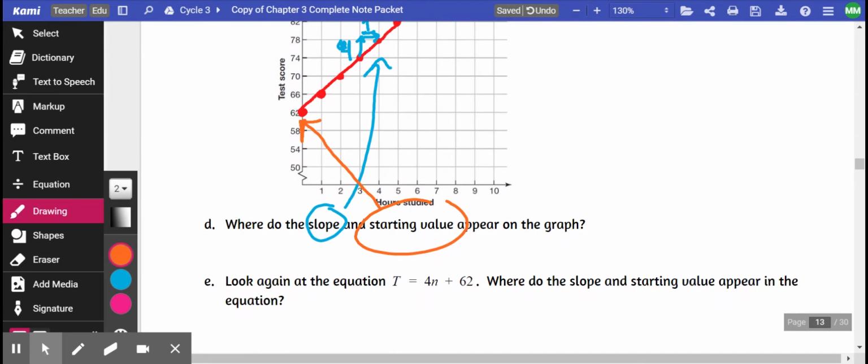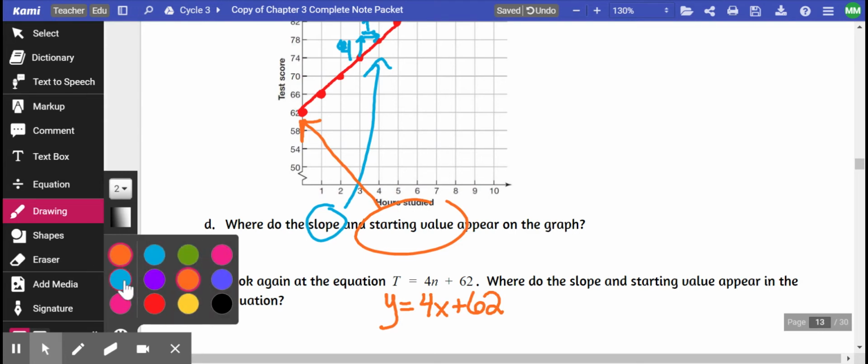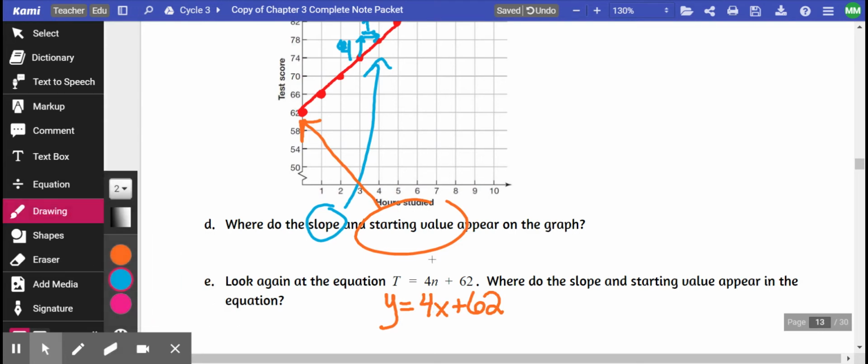For part E, it says, look again at the equation. T equals 4n plus 62. And remember that we can also think of this equation as y equals 4x plus 62. Either way, it wants us to figure out where the slope is and where our starting point would be. So our slope would be, we can see that it's up 4 over 1. So this would be our slope.